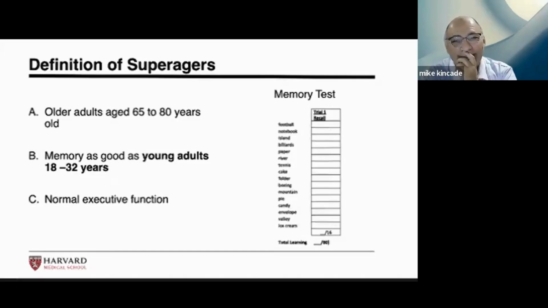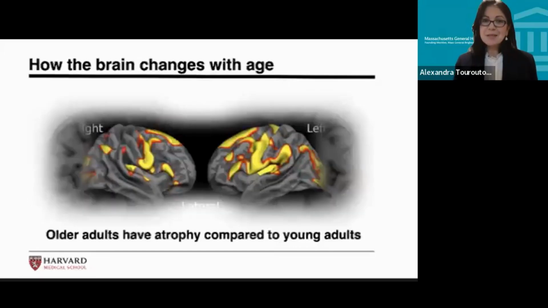Yeah, it's pretty amazing, but we are neuroscientists, and the first thing we wanted to do is to use brain imaging to understand the characteristics, the brain features of the superagers that help them resist the memory decline that accompanies aging in most of us.